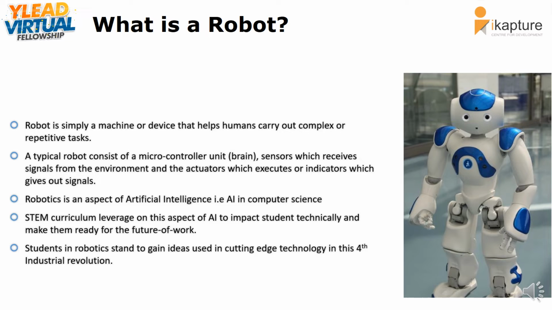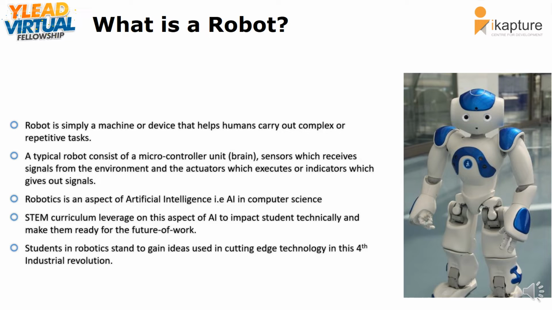You don't want to do something continuously, so you engage the activity of a robot, because the tasks can be boring, monotonous, and also stressful. A typical robot consists of the microcontroller, which is the brain, the sensor, which receives signals, and the actuators, which are more like the motors that move the robot around.